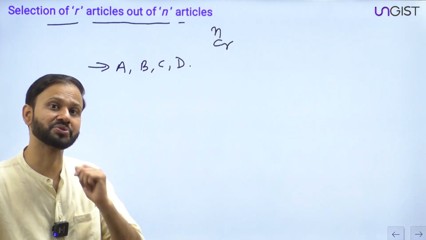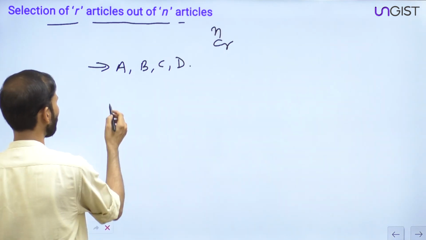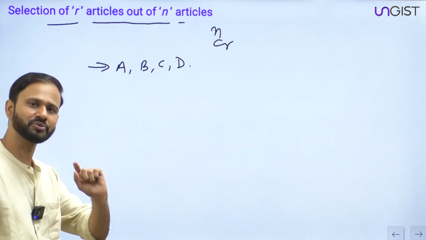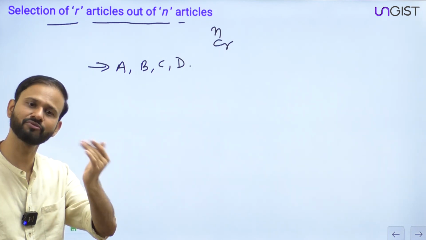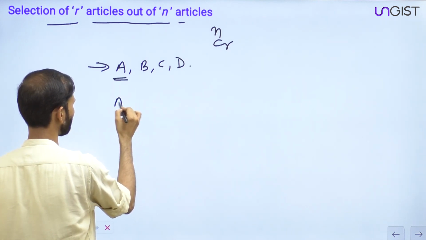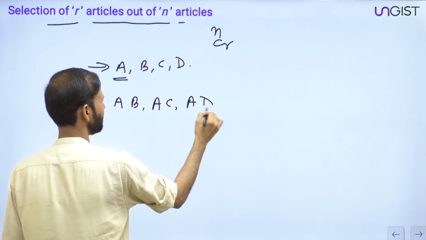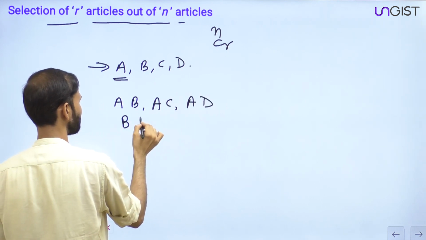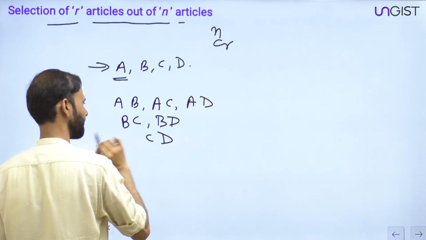The confusion is that you can have several combinations of 2 alphabets out of 4. With A, we have AB, AC, AD. Then BC, BD, and then CD.